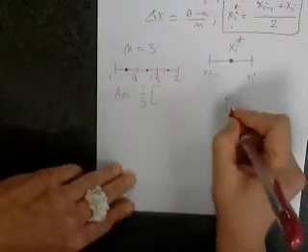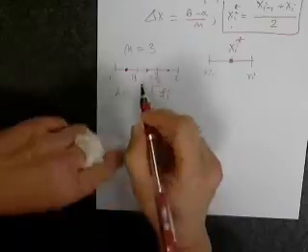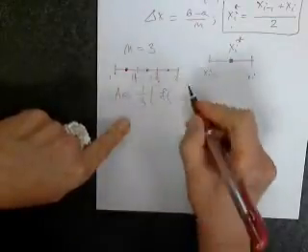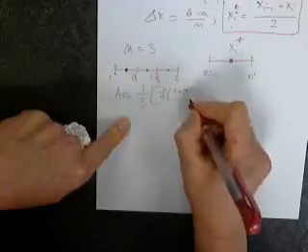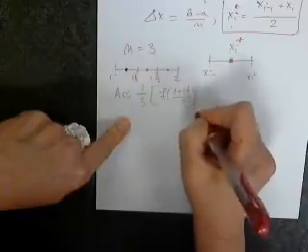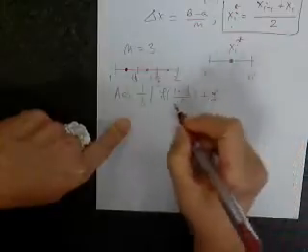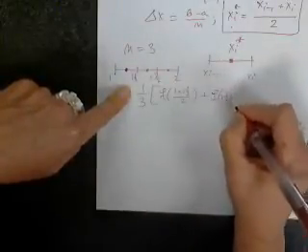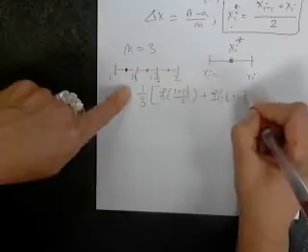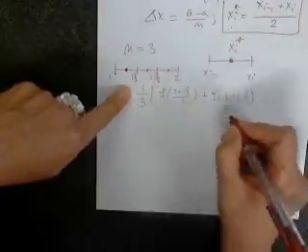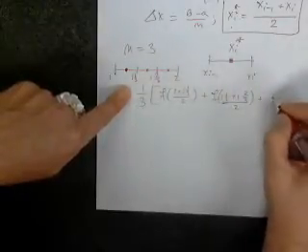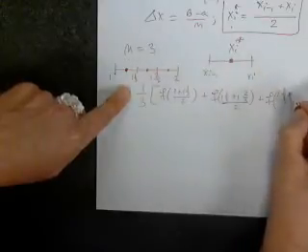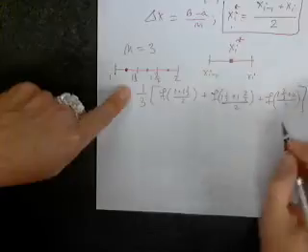So I have f of 1 plus 1 and 1/3 divided by 2, plus f of 1 and 1/3 plus 1 and 2/3 divided by 2, plus f of 1 and 2/3 plus 2 divided by 2.